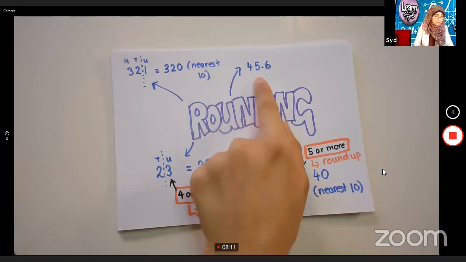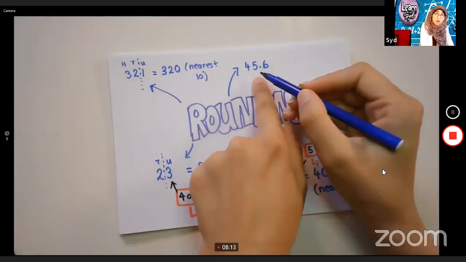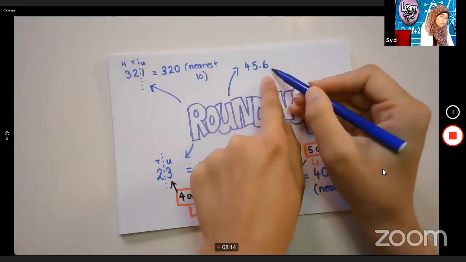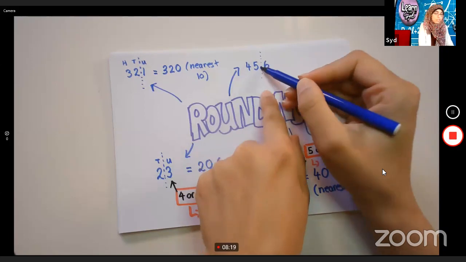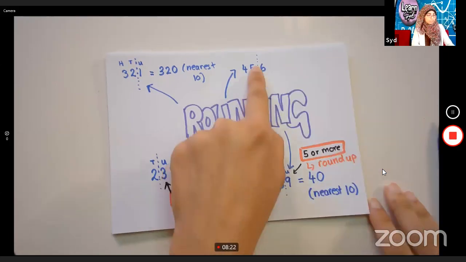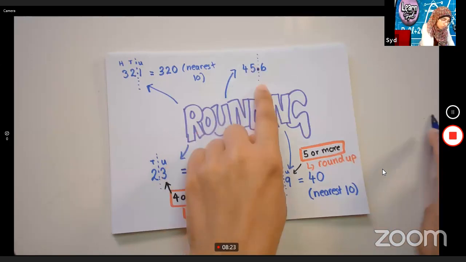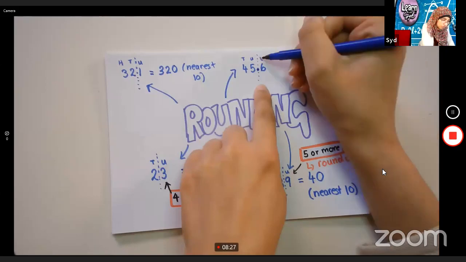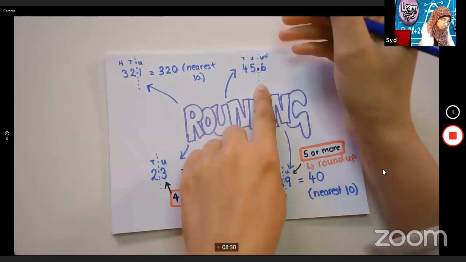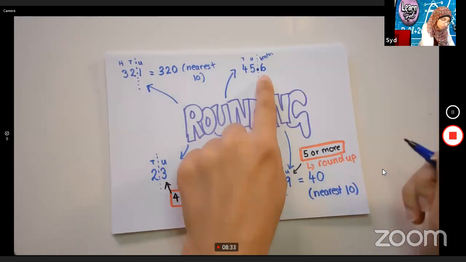Nearest whole number, that's your whole number. This is a decimal. So my cutoff point now, don't forget there's a decimal point here, is here. You've got your units, you've got your tens, you've got your tenths. Remember, this is tenths.